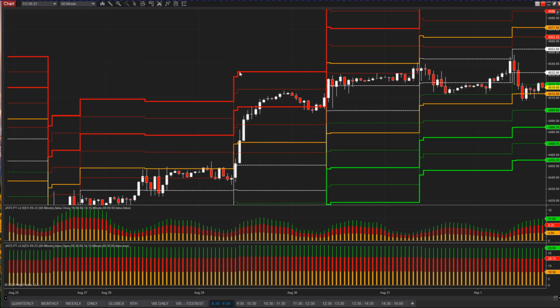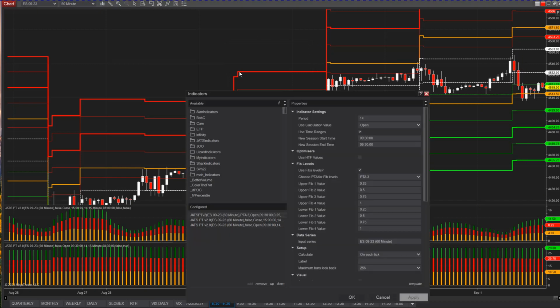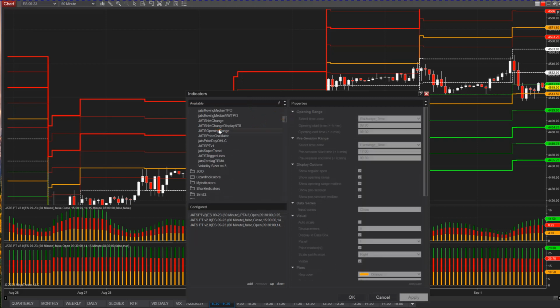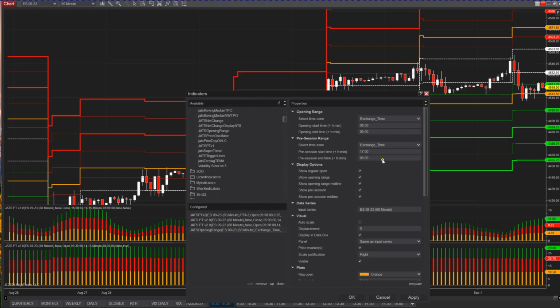So I want to add my own indicator for the JATS opening range. You can get a free opening range indicator on the NinjaTrader ecosystem. This is just the way I like to look at it.